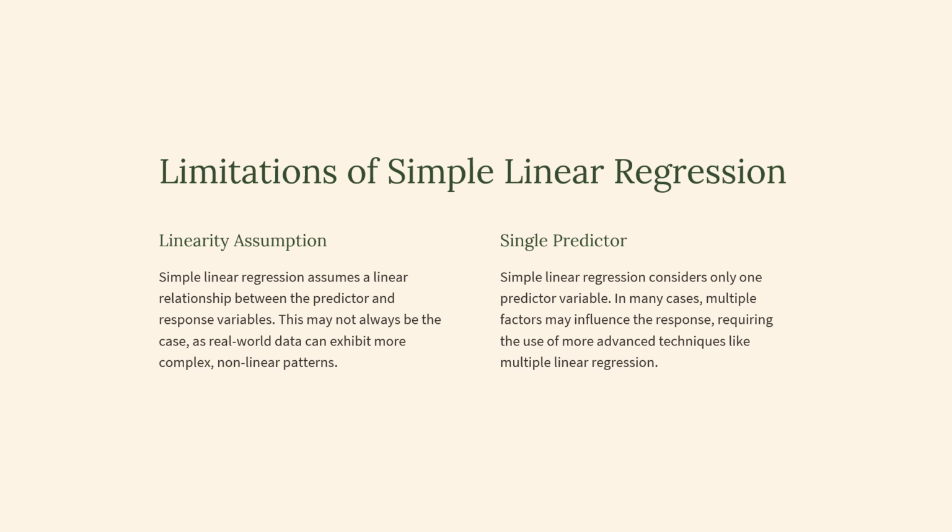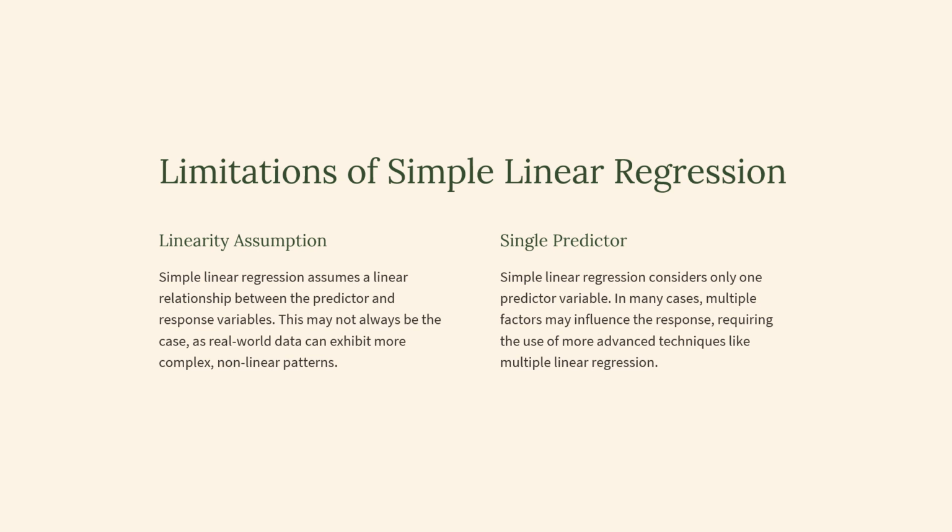In this slide, I will show you the limitations of simple linear regression. Number one, linearity assumption. Simple linear regression assumes a linear relationship between the predictor and response variables. This may not always be the case, as real-world data can exhibit more complex, non-linear patterns.